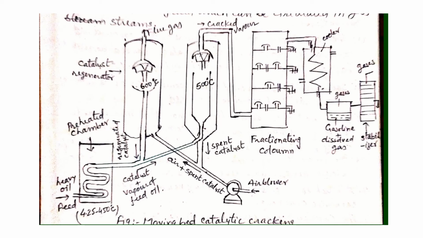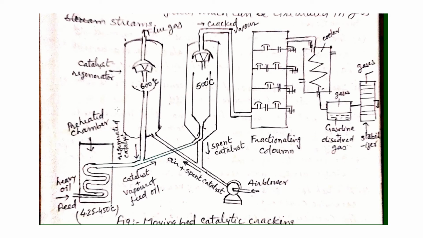Then again from upward to downward it comes, then the air gives it a proper direction, it reaches the first chamber, and again it comes down. So here there is no need to stop the process in between. The problem we face in fixed bed catalytic cracking is that after 8 to 10 hours we have to stop the process.